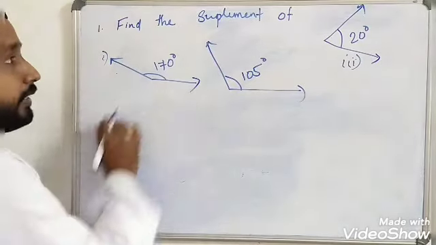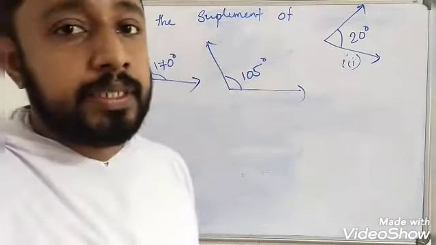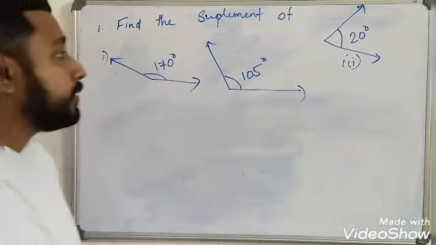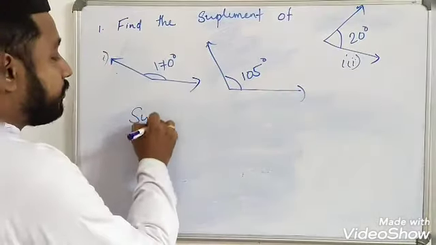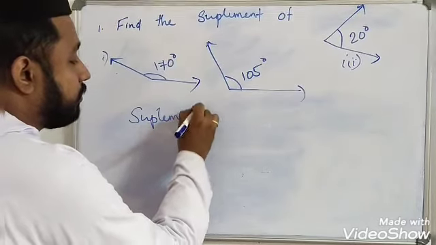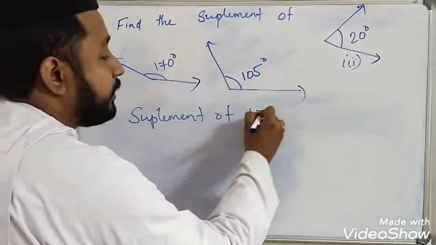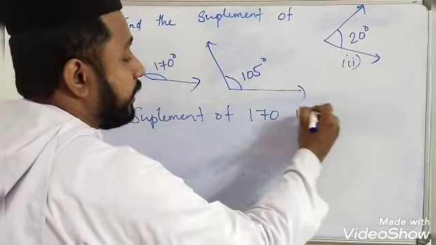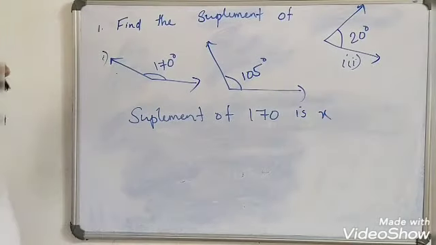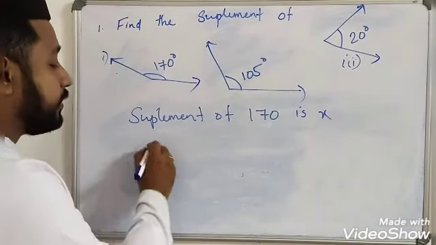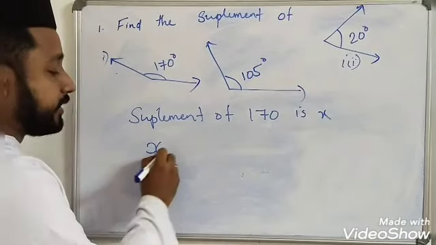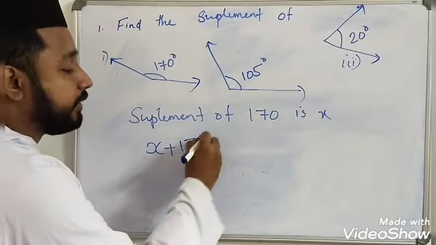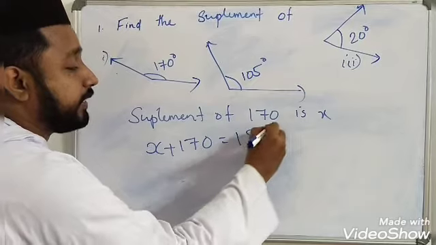So first question, we know supplementary angles means their sum is 180 degree. So supplement of 170 we take as x. Therefore sum is 180 degree. X plus 170 is equal to 180 degree.